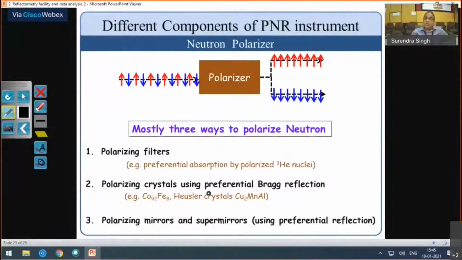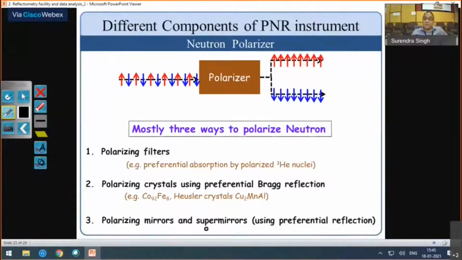Another is the polarizing crystal. There are some crystals which, after Bragg reflection, give you one wavelength, as the monochromator does, but in addition they give you only one of the spin neutrons. The other spin doesn't reflect. I will explain the principle of this.